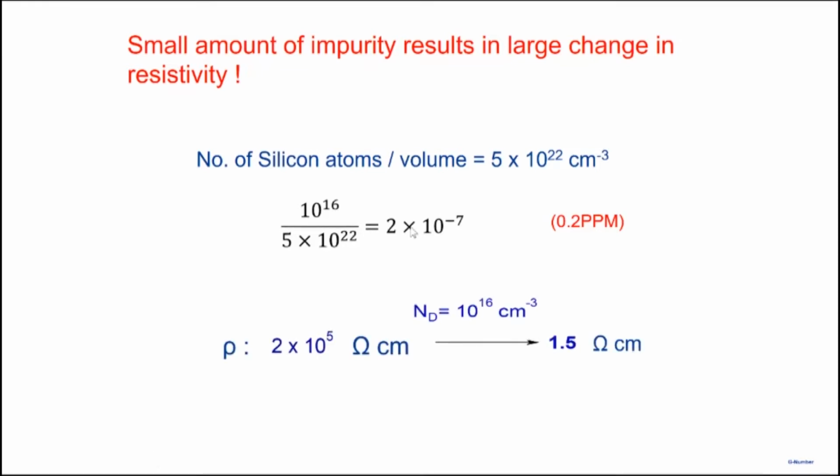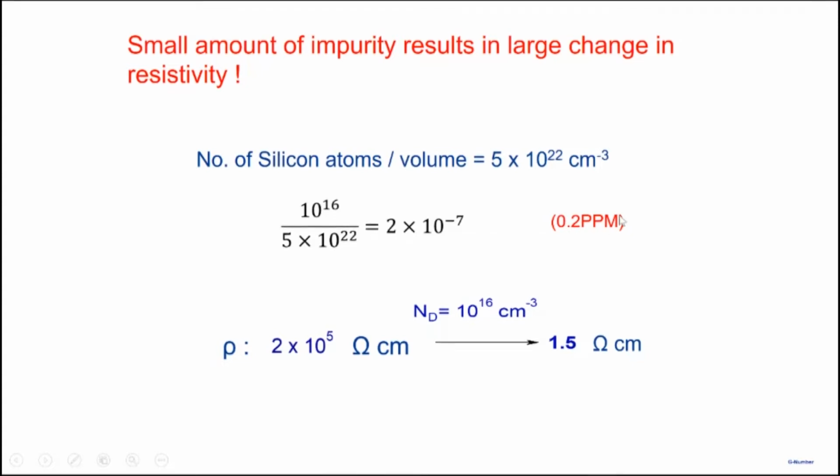And the consequences are, we're just giving you the numbers here. If I take intrinsic silicon with no impurities at all, the resistivity is 2 times 10 to the power 5 ohm centimeter. And when I add 10 to the power 16 donor atoms, the resistivity drops to 1.5. So what is being emphasized here is, look, there's a 5 orders of magnitude change in resistivity through very, very small amounts of impurity, 0.2 parts per million.